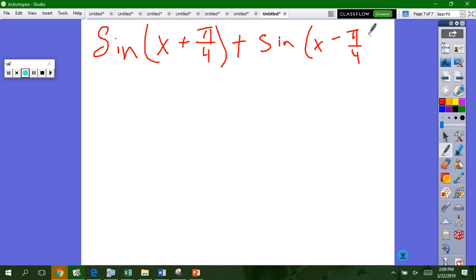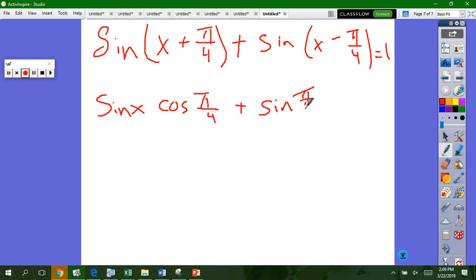I'm going to kind of go through this quick. So here we go. I get sine of x cosine of pi fourths plus sine of pi fourths cosine of x.